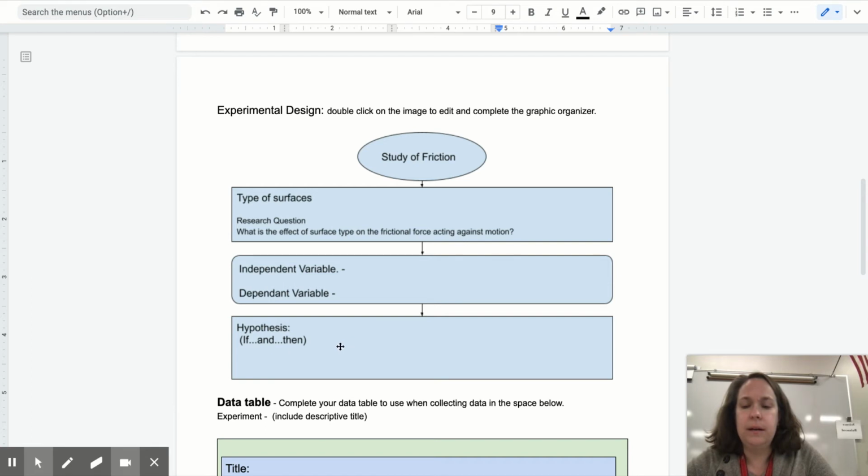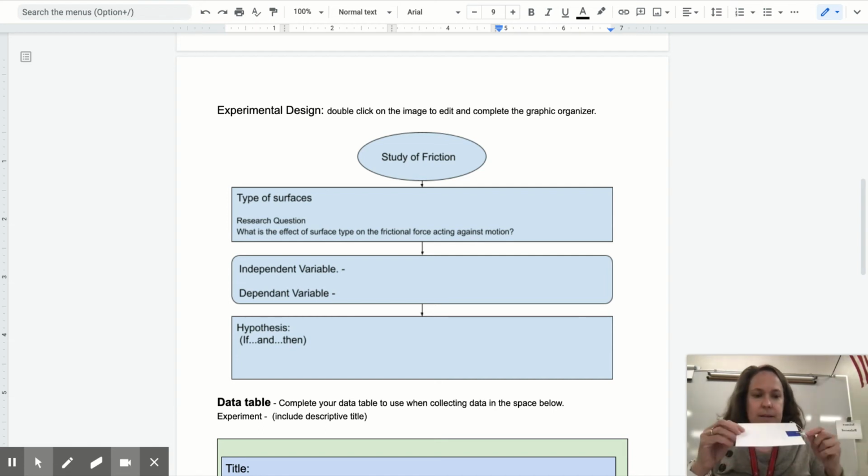Then write a hypothesis. Remember, your hypothesis should be a potential answer to the research question. We're looking at how does the surface affect the frictional force acting against motion. And I'll give you some background here.